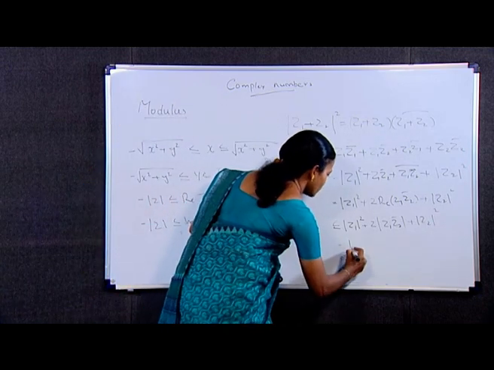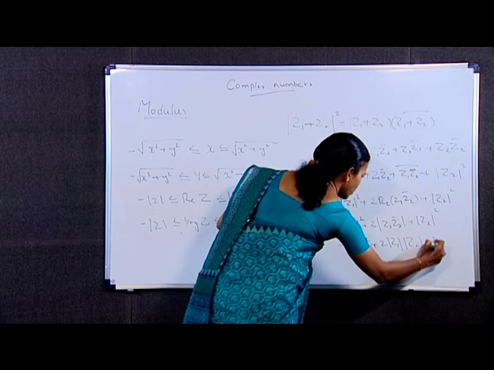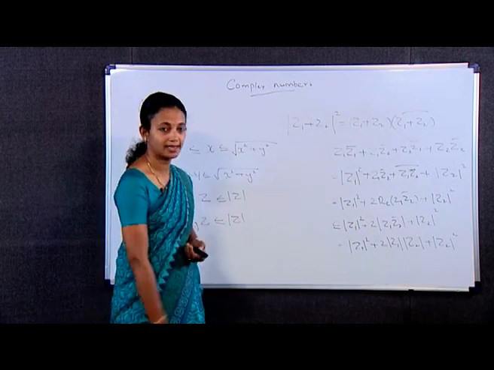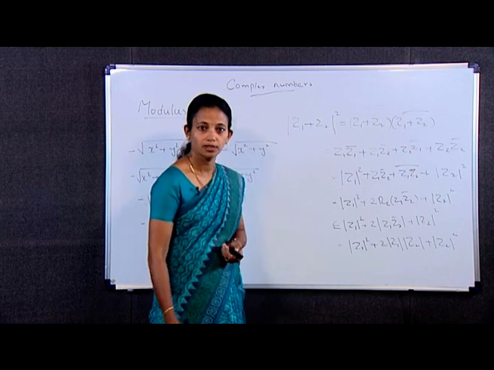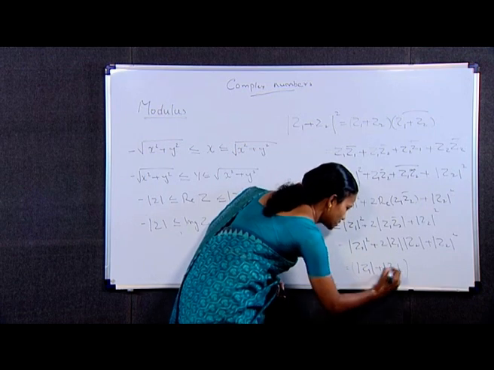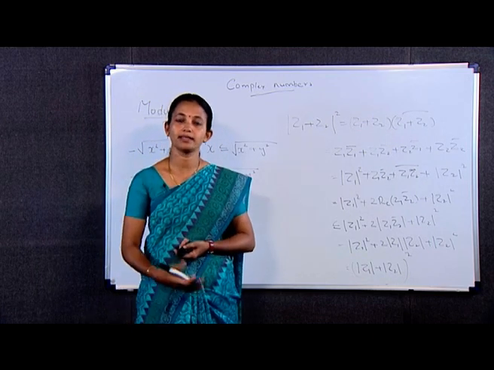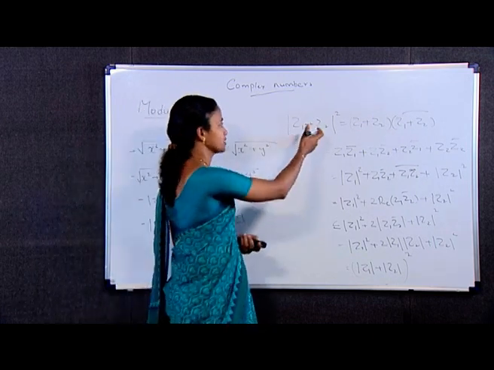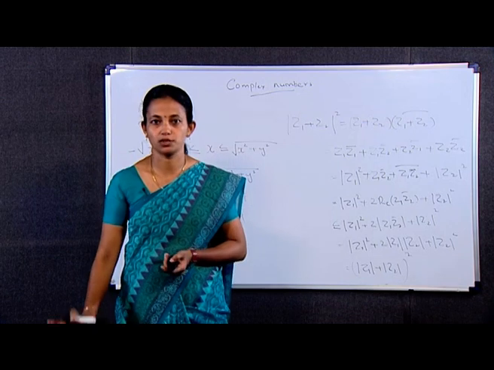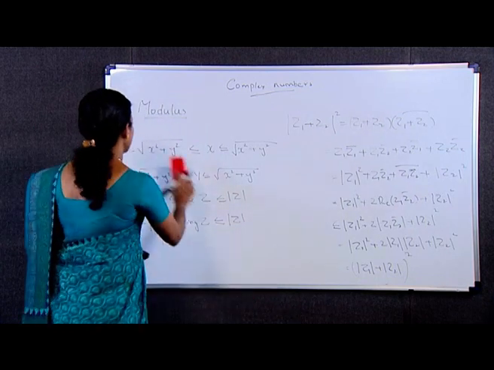This is of the a plus b whole square form, so we can write it as mod z1 plus mod z2 whole square. Taking square roots on both sides, we get the triangle inequality, that is, mod z1 plus z2 is always less than or equal to mod z1 plus mod z2. We now prove the modulus of mod z1 minus mod z2.